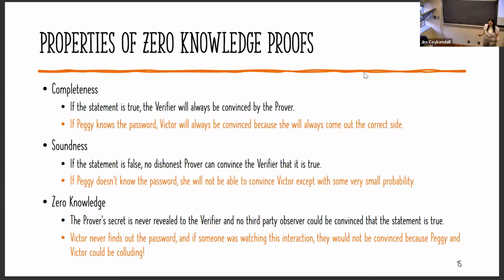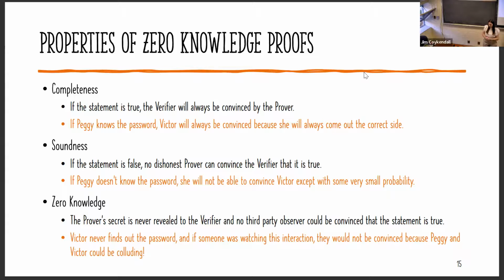And then zero knowledge is the new property of these proofs. Zero knowledge is saying that the prover's secret is never revealed to the verifier, and no third-party observer would be convinced that the statement is true. So nobody outside of this proof protocol would be convinced. In our cave example, Victor never finds out the password. He doesn't need to. Peggy has proved to him that she knows it without him finding out what it is.